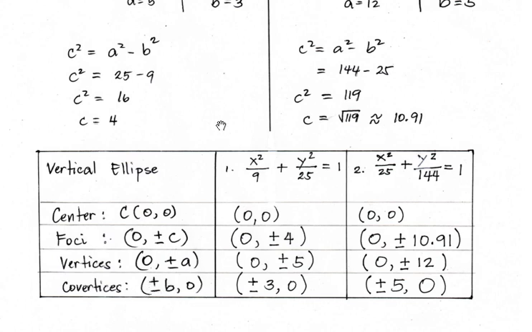For number 1, since we already have c equals 4, the foci lie at the points 0, 4, and 0, negative 4. The vertices lie on the coordinates 0, 5, and 0, negative 5. Co-vertices lie on the coordinates positive 3, 0, and negative 3, 0. That concludes ellipse number 1, vertical ellipse.